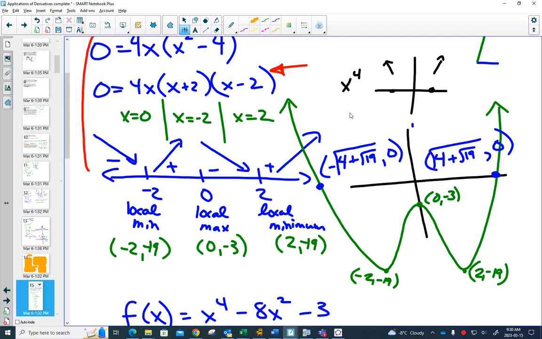But by finding these minimums, which happen to be absolute minimums, now that we've graphed it, that's the smallest the graph ever gets, and finding this local max, and this is a local max because over here the graph goes up higher than that, and our number line of where it's increasing and decreasing, we get a very accurate graph. If you had to draw the smoothest curve through all of those points that you could, your graph would be very, very accurate. And so this is the advantage that calculus brings to graphing.